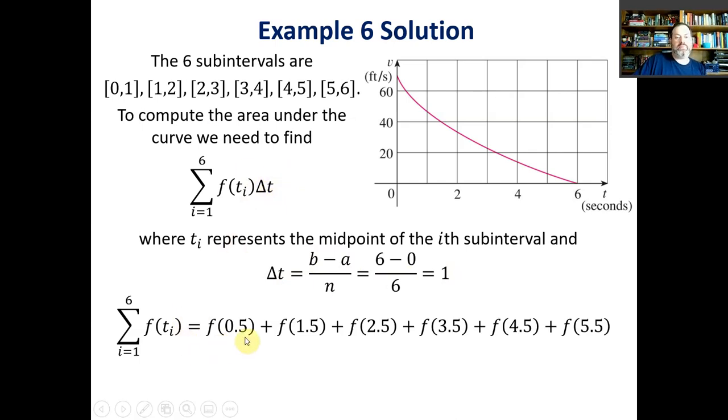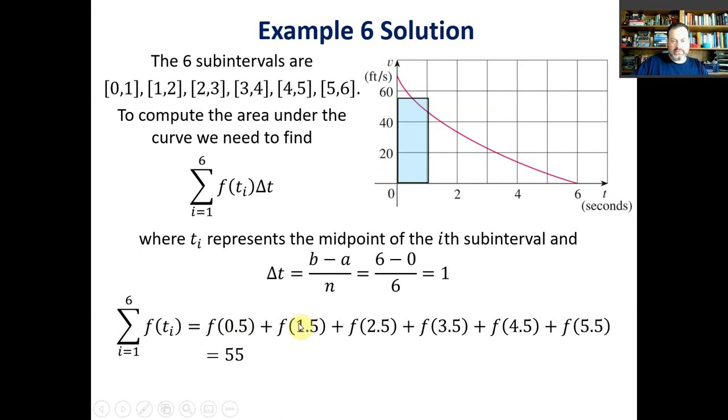So we have f of 0.5. Again, we're doing midpoints, so we're evaluating the function in the middle of each of these intervals. The midpoint of 0 and 1 is 0.5. The midpoint of 1 and 2 is 1.5, etc. So what is the function at 0.5? You go here to 0.5 and you go up, and it looks like it's about 55.